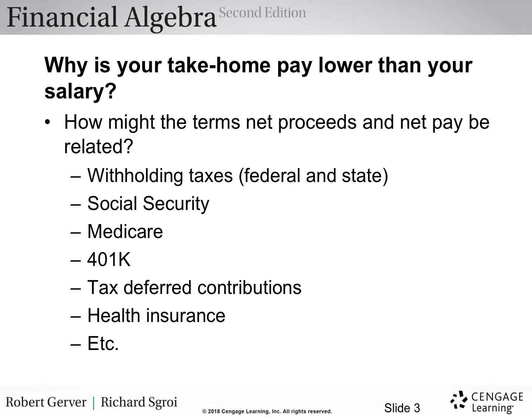Withholding taxes, federal and state, Social Security, Medicare, 401k, tax-deferred contributions, health insurance, etc. These are all items that are withheld from your paycheck and lower your take-home pay. So all of these are withheld and paid so that your take-home pay is lower.